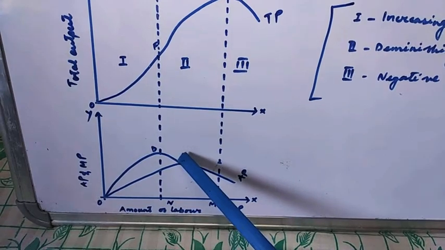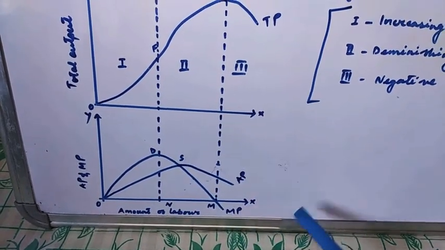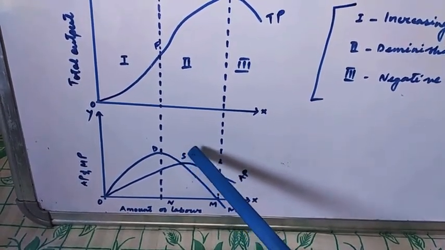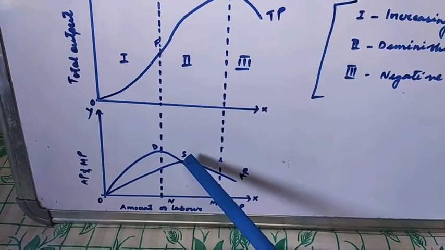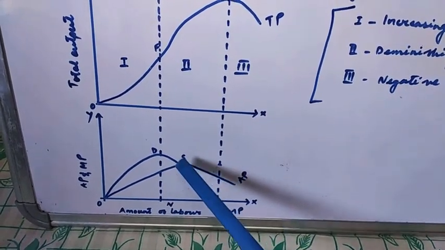So at this point S, AP is maximum, and then MP will be equal to AP at this point S, because AP is maximum here.